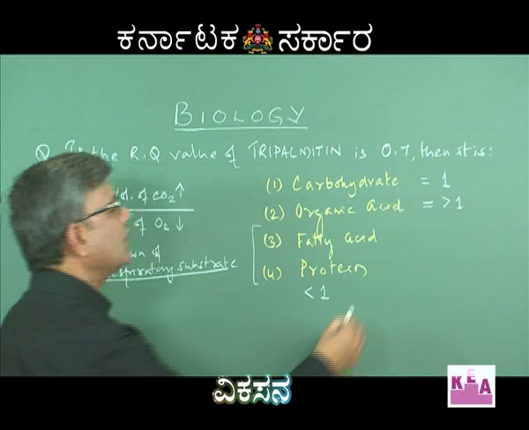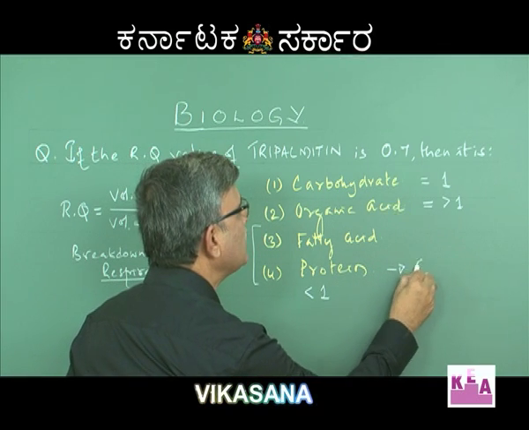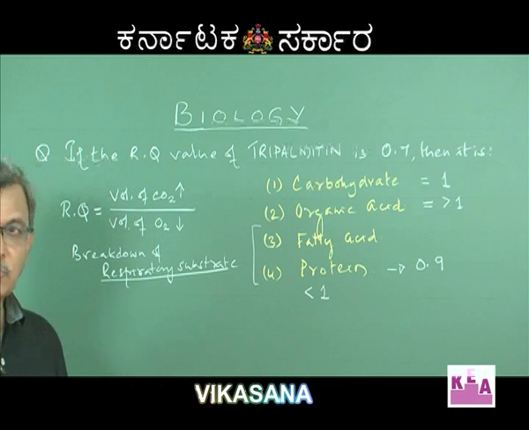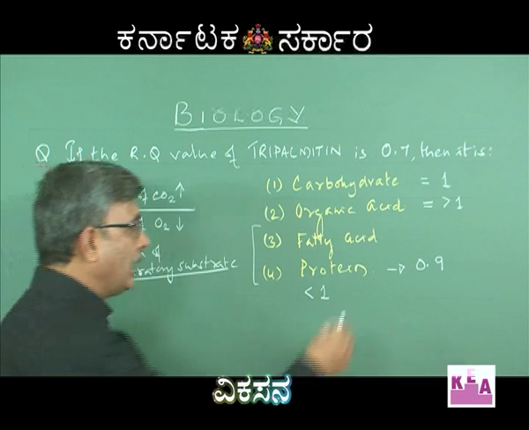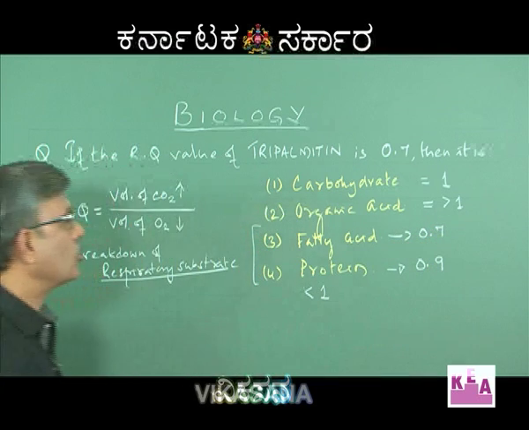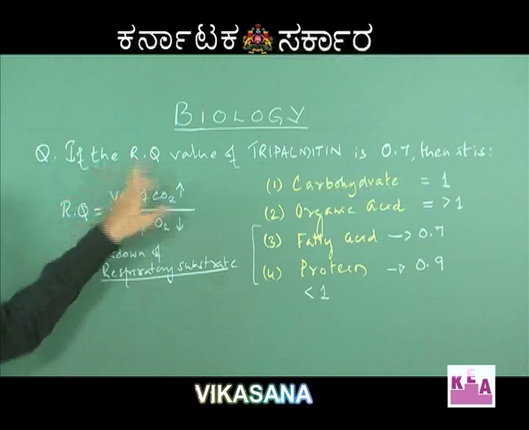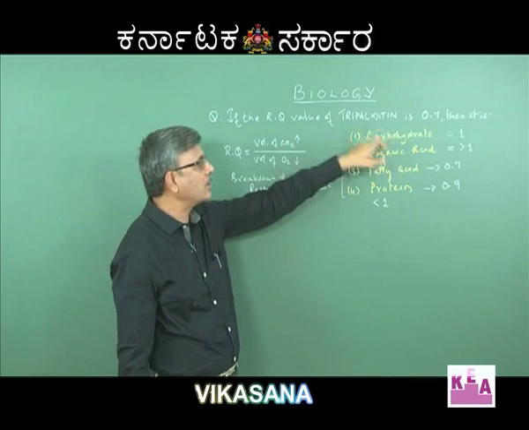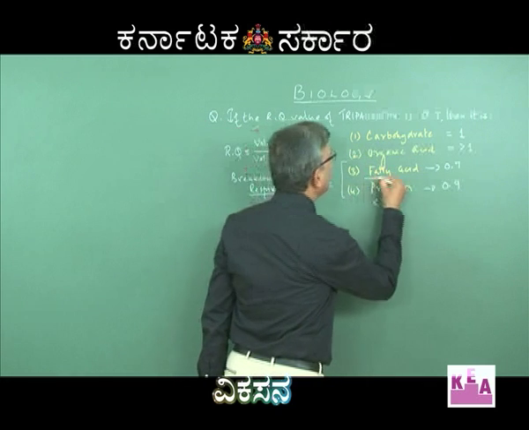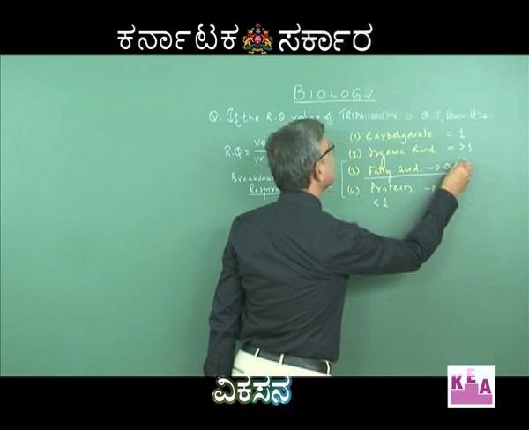For proteins, the RQ value is 0.9. I hope all of you remember in the text you have studied it. And for fatty acid, the RQ value is 0.7. So now look into it. If the RQ value of tripalmitin is 0.7, then it is naturally fatty acid.